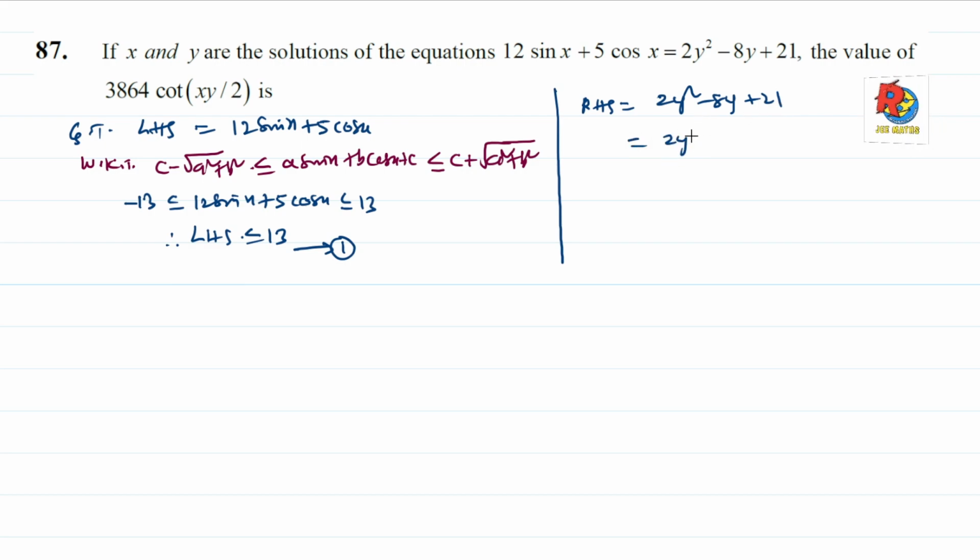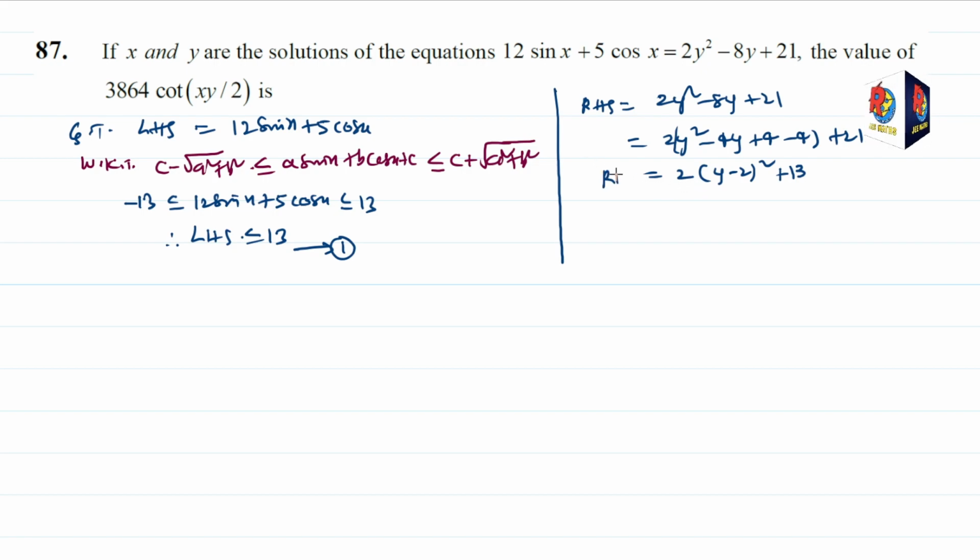So 2y square, if I take 2 common, minus 4y. Minus 4y means we need to add plus 4 minus 4, plus 21. So 2 into (y minus 2) whole square, minus 8 means it will be 21 minus 8, it will be 13, plus 13.